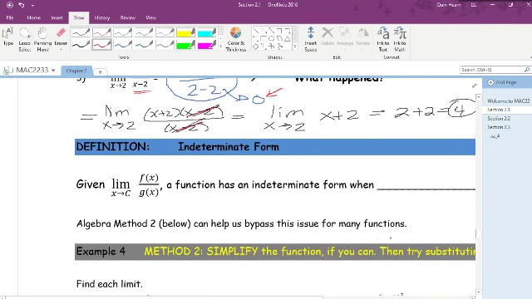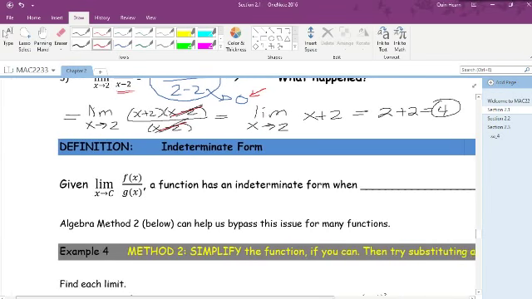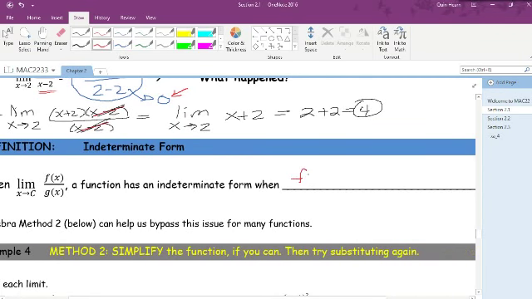Okay, so given the limit as x approaches c of a quotient, f of x over g of x, it has an indeterminate form when f and g are both equal to 0 at the same time. Well, I shouldn't say of x, I should say at c.